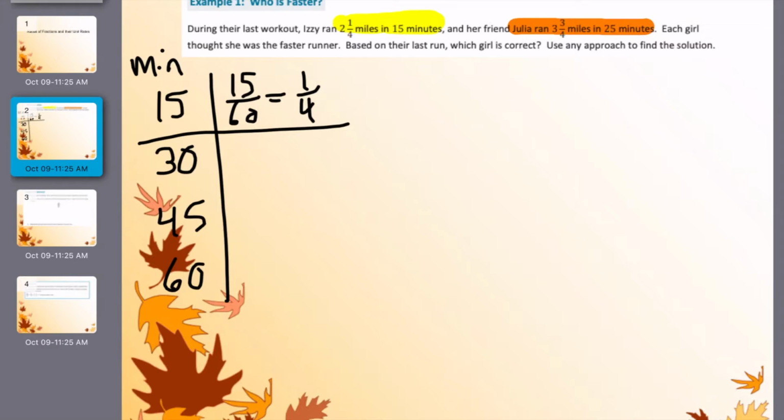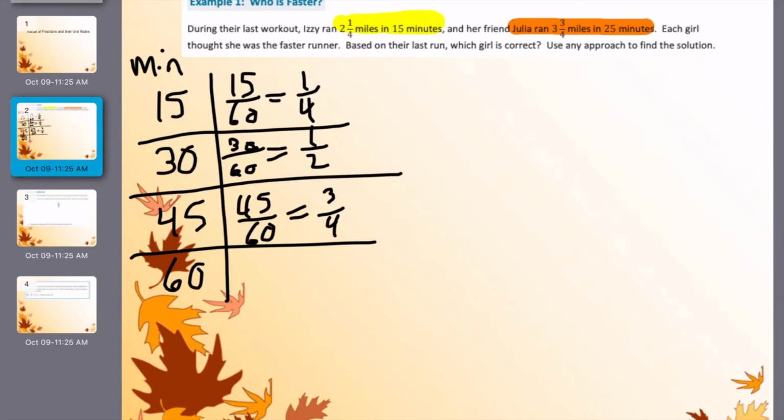Then I'm going to have 30 over 60, which equals 1/2. 45 over 60 equals 3/4. And let's make some lines here. Then 60 over 60 just equals 1.